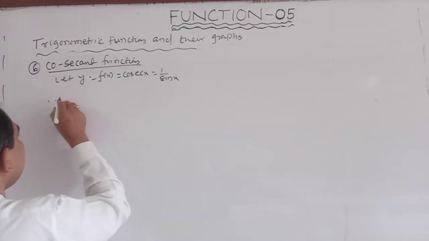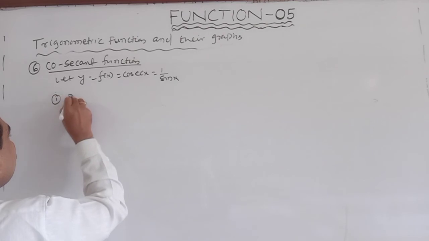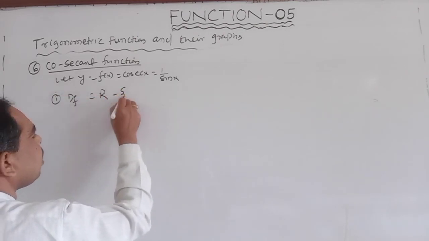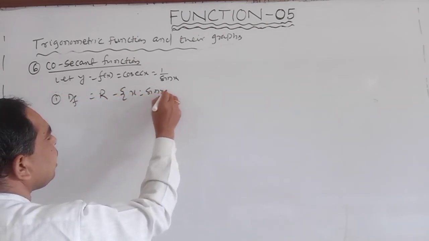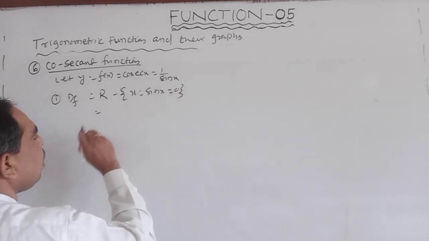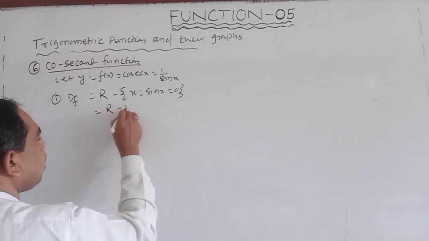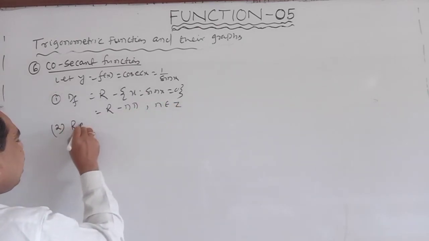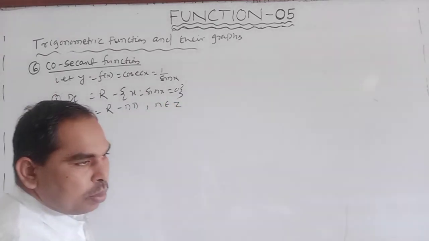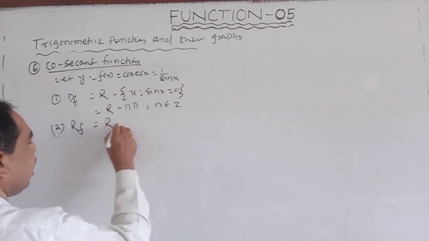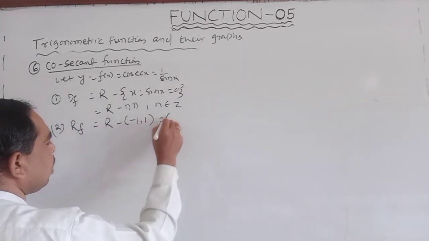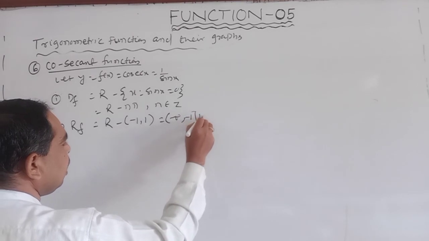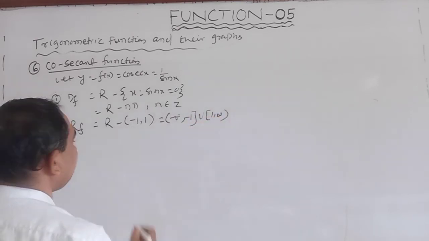So the domain of f is R minus the x such that sin x is equal to 0. Sin x is 0 at every integer multiple of pi. So the domain is R minus n pi, n belongs to Z. The range of sec and cosec are equal: R minus (minus 1 to plus 1), that is minus infinity to minus 1 union 1 to infinity.